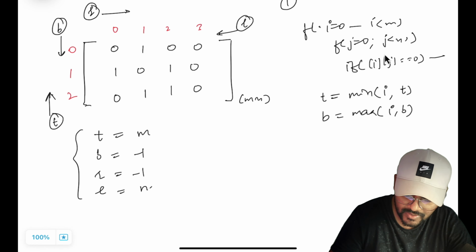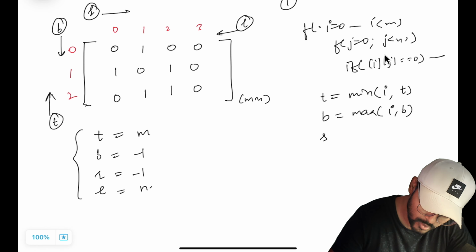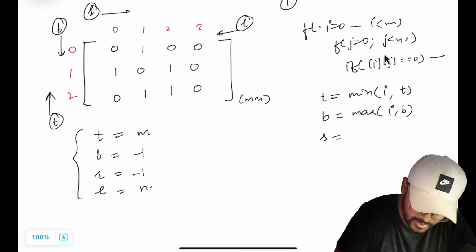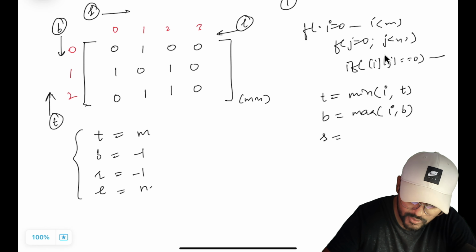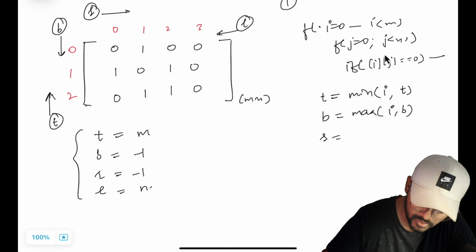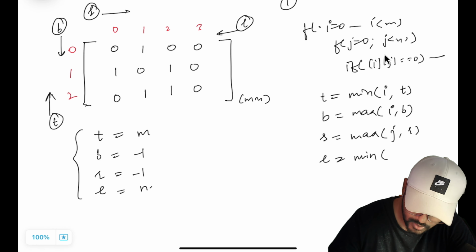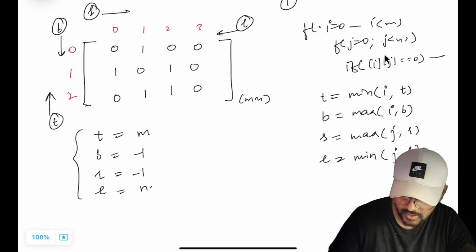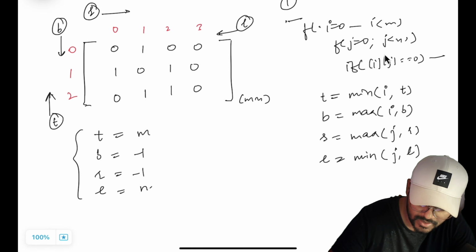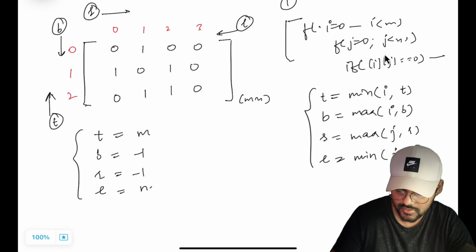What about right? Right should be the maximum value of column where I am encountering 1. So maximum value of column is j, and left is the minimum value of the column j.